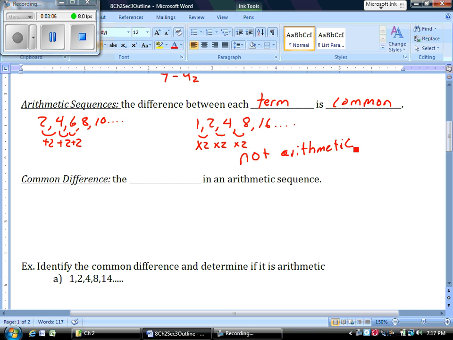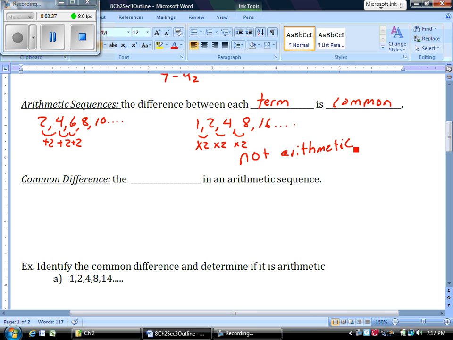All right, we see the difference there. Arithmetic means I'm adding or subtracting every time. Not arithmetic is multiplying and dividing, and that's actually something that's called geometric, but you're not going to talk about that this year. But multiplying and dividing is geometric. Adding and subtracting in between each term is arithmetic.